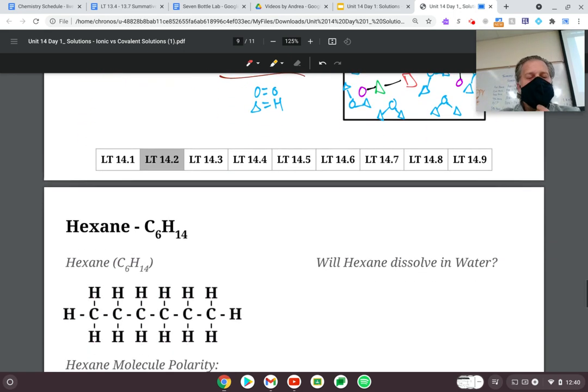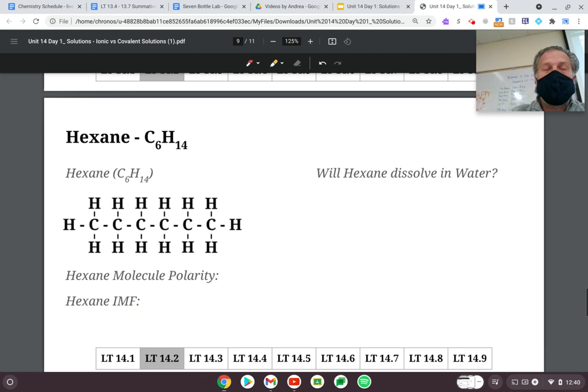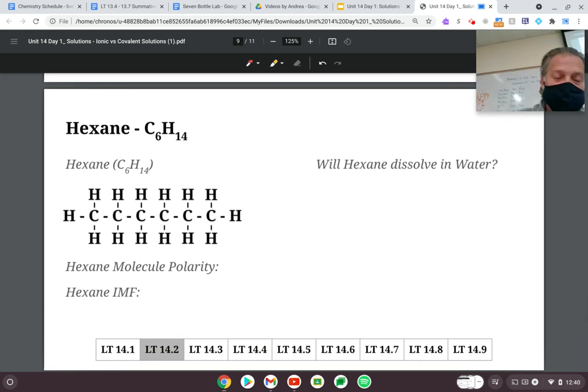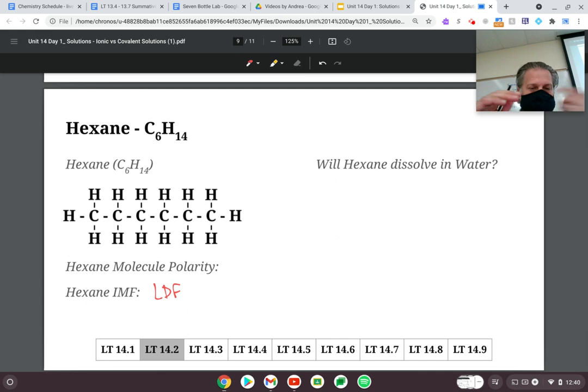Okay. And I see that these are all covalent bonds, so it's all nonmetals. So this is going to have London dispersion forces for sure. I don't see any evidence of dipole-dipole. I don't see any evidence of hydrogen bonding. And I also see that this structure is pretty balanced. So this is going to be a nonpolar molecule.